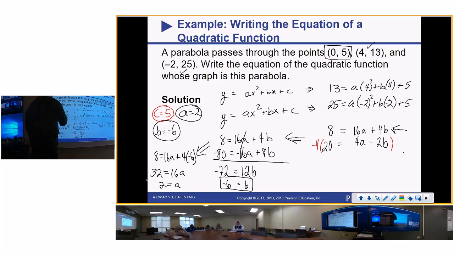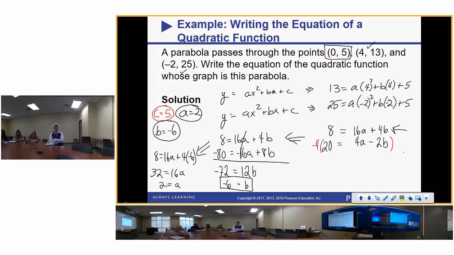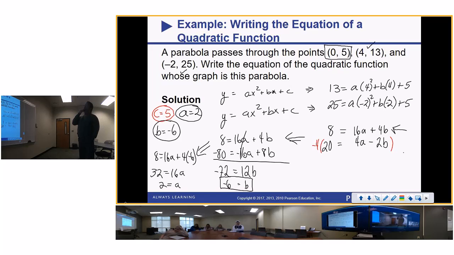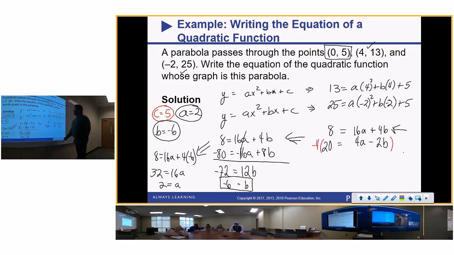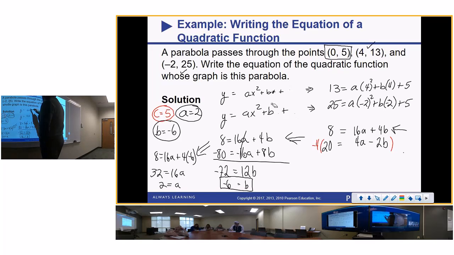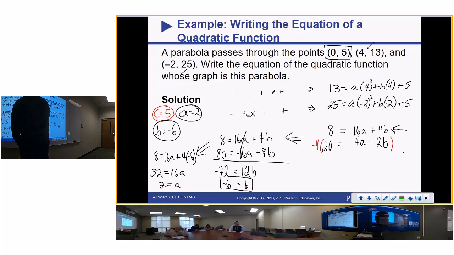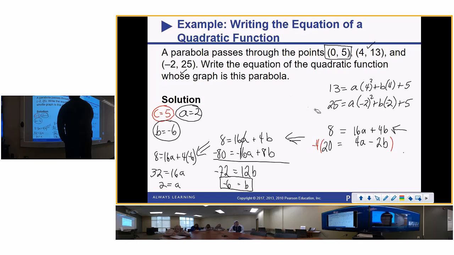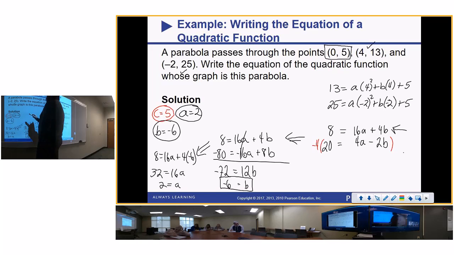Now, what do you think I'm going to do with A, B, and C once I find them? Put them in the quadratic formula. The quadratic equation. Thank you. So go ahead and do that. I'm going to erase this right here. And remember, you're going to present this to a teacher, so you can't use y, you got to use f of x.